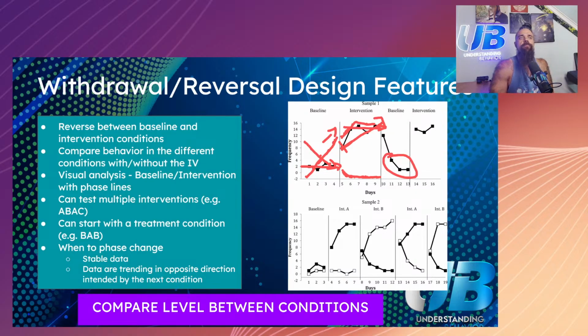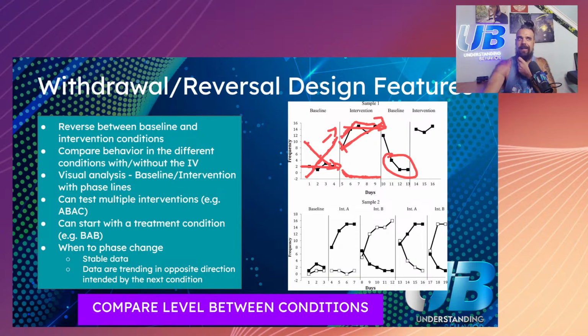So if it's trending in the direction intended by our next phase, we cannot do a phase change because we would not be able to isolate the variable that would cause that increase in behavior. So opposite direction intended by the next phase, good to go.